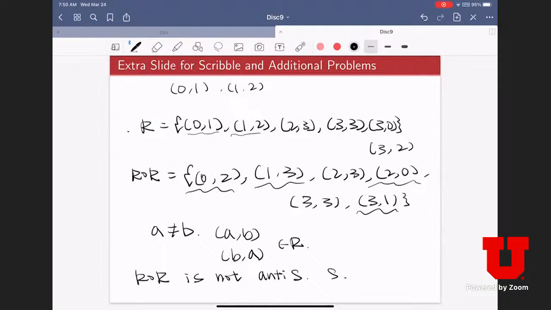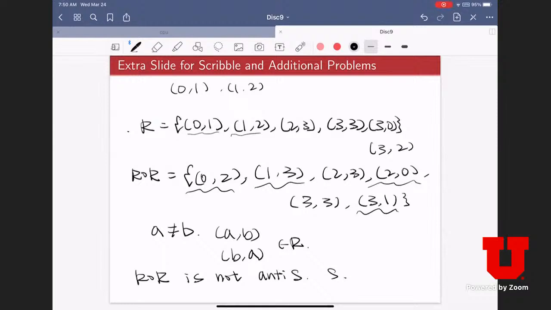All right, any question on this part? And 3, 0. I don't think we have 3, 0 in Rfr. Are you talking about Rfr? Yeah, I am.